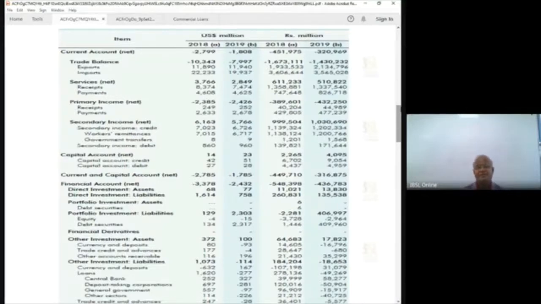Double the import expenditure. Expenditure is debit. On imports, we import cars, crude oil, fertilizer, investment goods. Money going out, dollars going out, foreign exchange going out of the country. That value is about 20 billion in 2019.